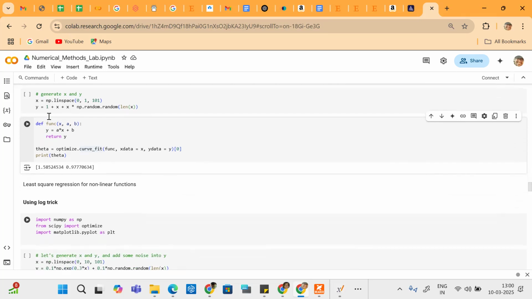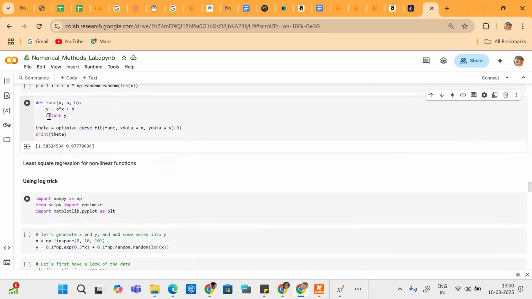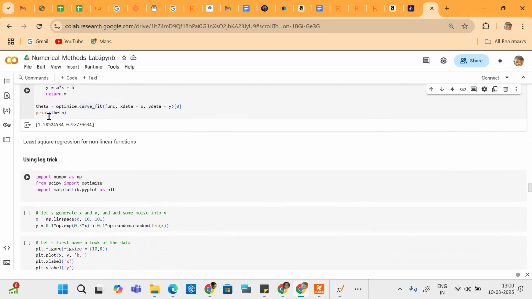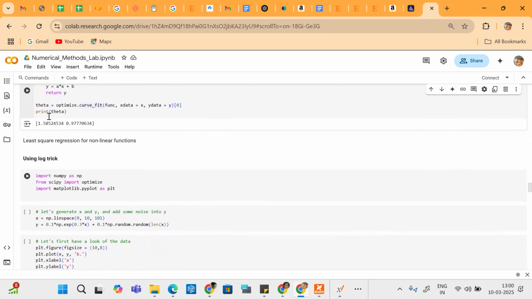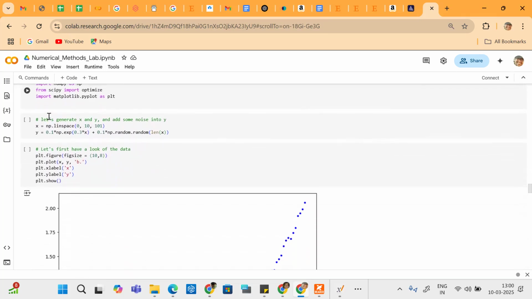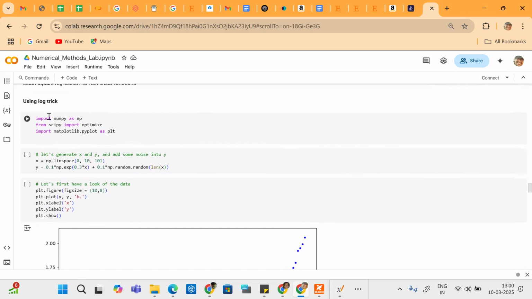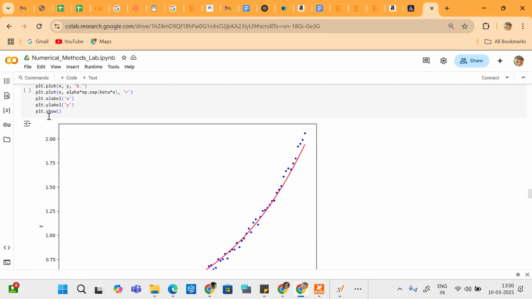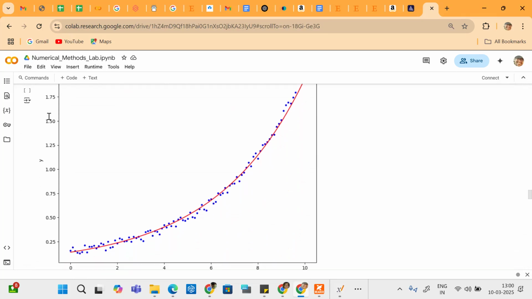Next class we will learn about least square regression for nonlinear functions. There you will see how you can convert nonlinear functions in terms of least square regression using log or other functions. You can see this is the data, how we are going to fit it.